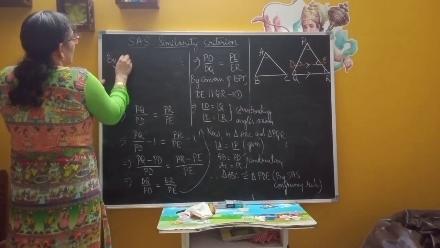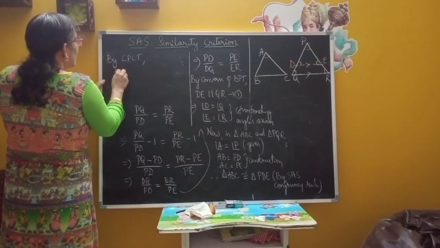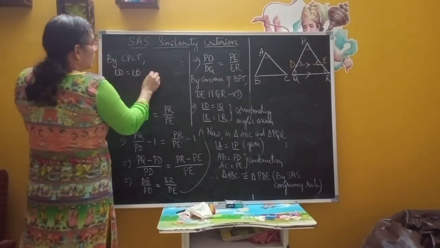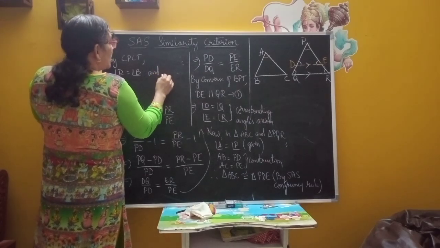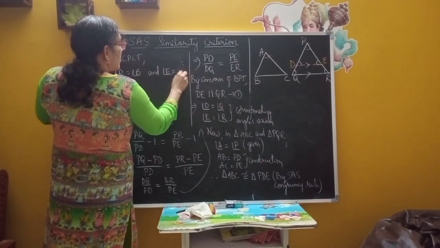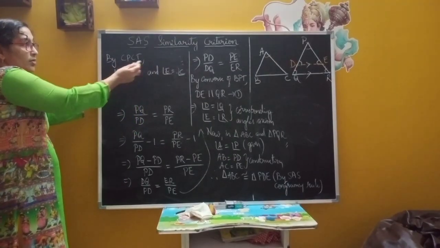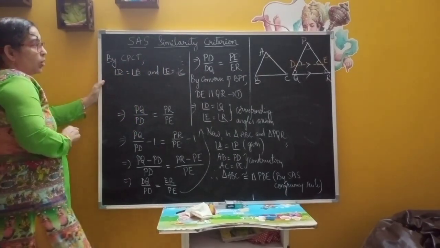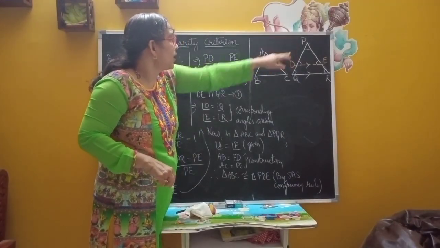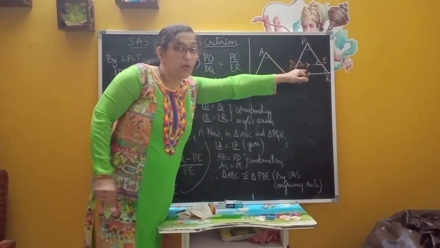By CPCT, we can say angle D is equal to angle B and angle E is equal to angle C, and we can write it the other way also: angle B is equal to angle D and angle C is equal to angle E. Okay. So now we have all three angles here. A is equal to P, B is equal to D and C is equal to E we have proved.